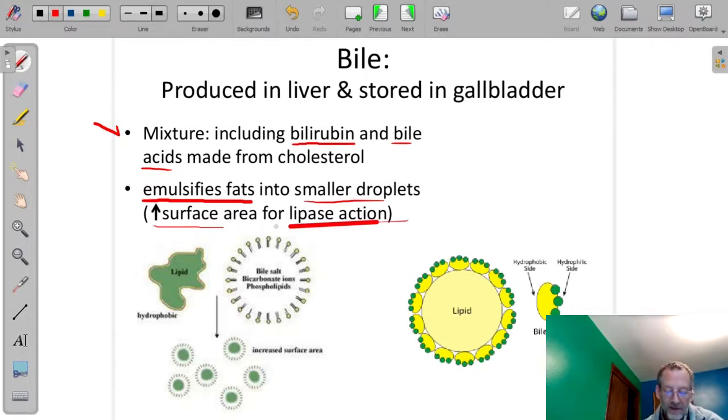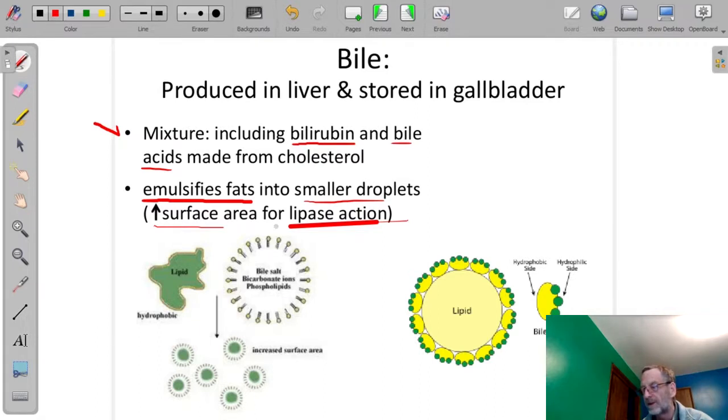So emulsifying is not the same as dissolving. Emulsifying is where you take a mixture and you break it up into smaller little droplets, and then those stay suspended in a liquid. So we're talking about digestion of lipids. They go into a watery environment.